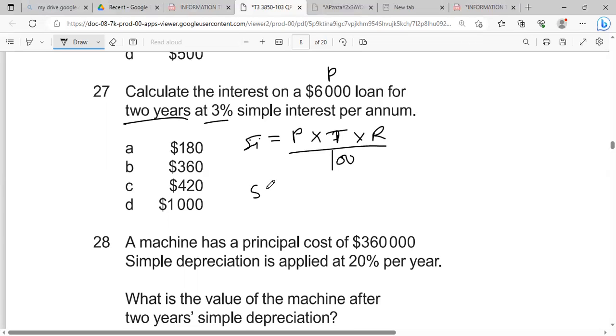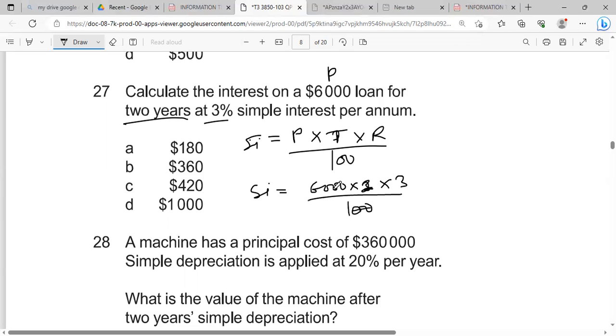So let us put things in perspective and work it out. The simple interest is $6,000 times time, which is 2 years, and the rate is 3. So let's cancel now. We divide by 100.